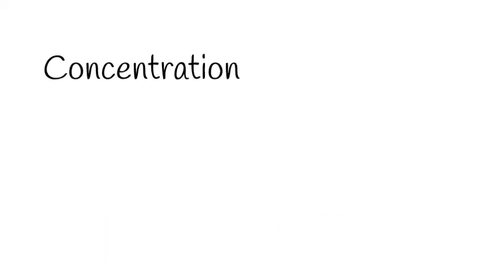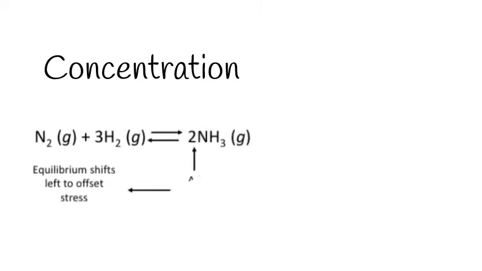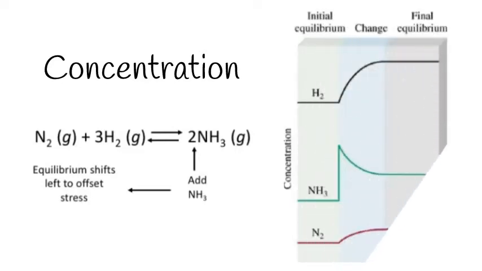Let's look at this in a different way. Consider this reaction. If we add ammonia to this, that increases the products, the equilibrium is going to shift left to oppose that change. Let's take a look at this in a graphical way. You can see where the arrow is, where the change is imposed.